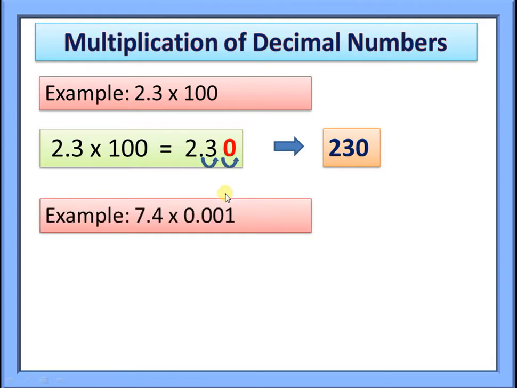Next, multiply 7.4 by 0.001. If this is the situation, what we're going to do is move the decimal to the left, depending on the number of decimal places. Take note, this should be 1.